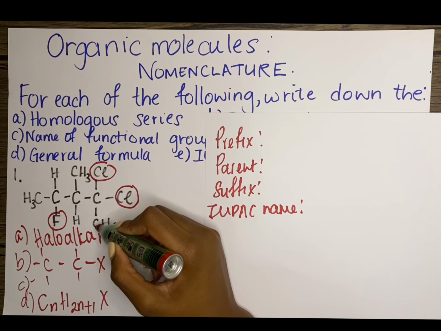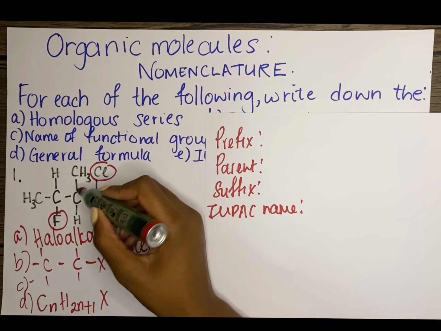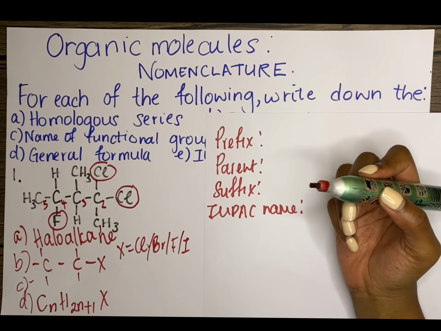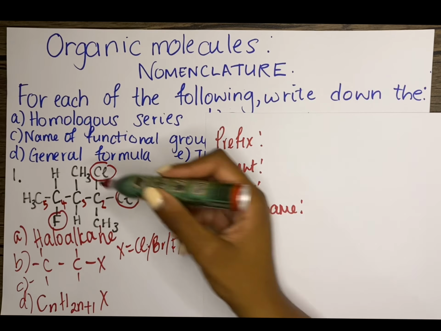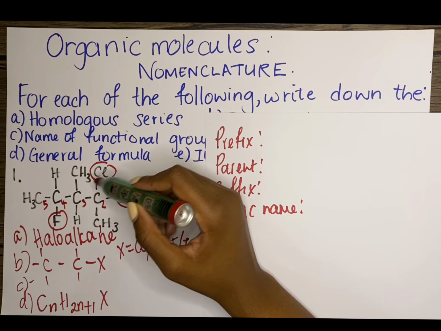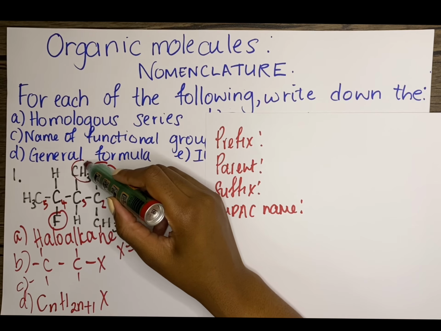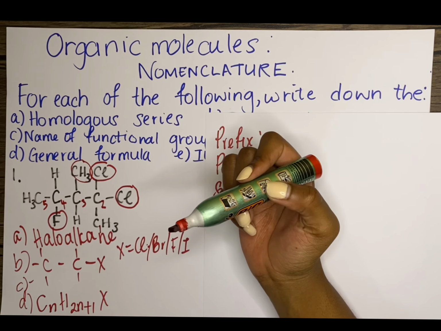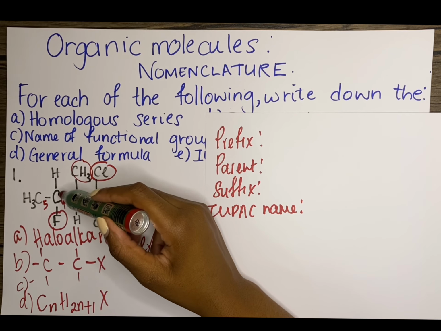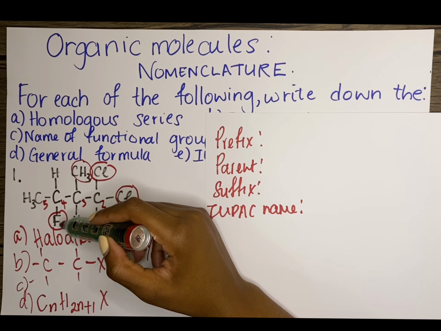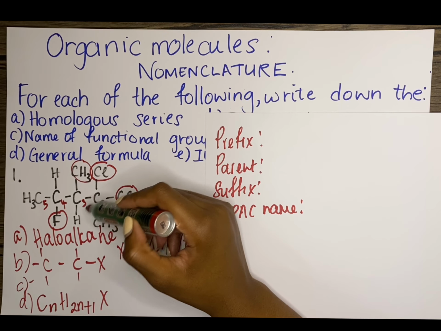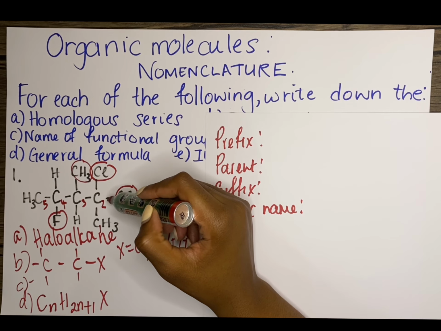If I number from the side, 1, 2, 3, 4, 5, that will be my longest chain, right? And then I've got 2 substituents on the second carbon and 1 substituent here and another one on the 4th carbon. Had you numbered from the left, 1, 2, you'd have 1 substituent on the 2nd carbon and another one on 3, and then 2 substituents on 4.